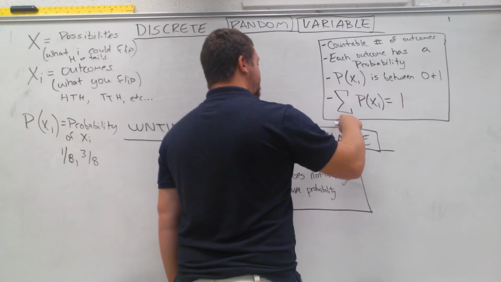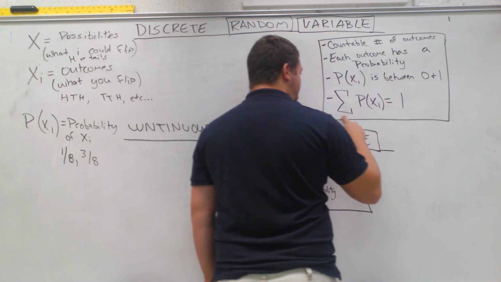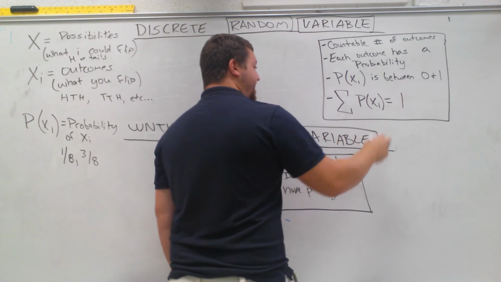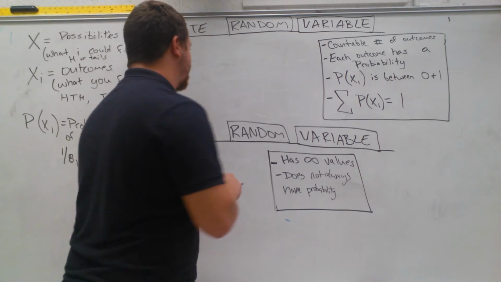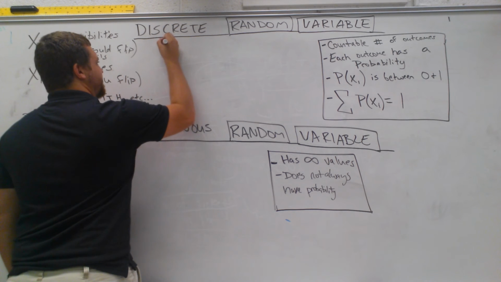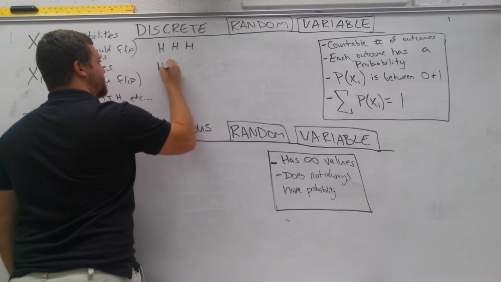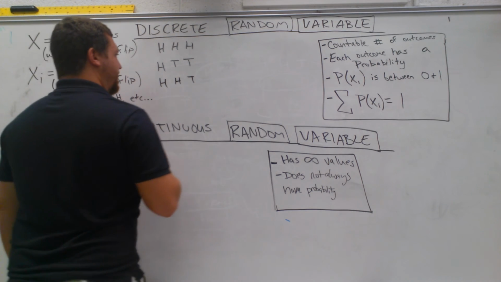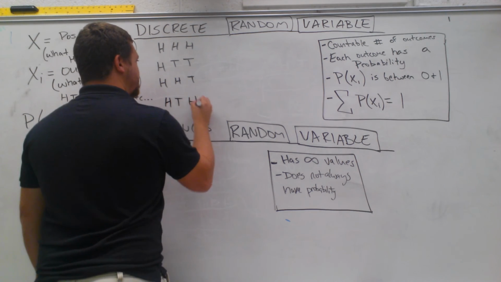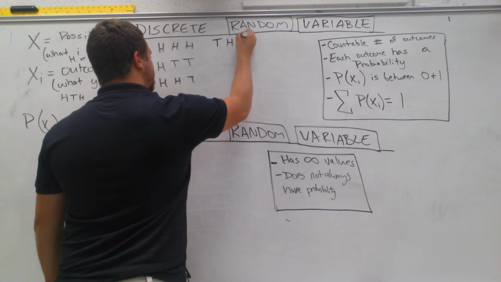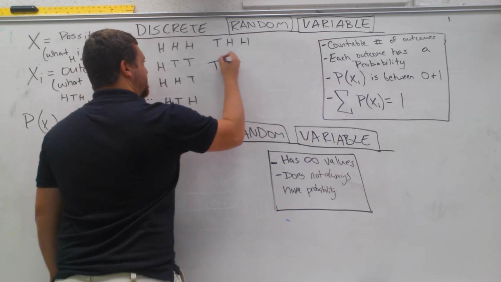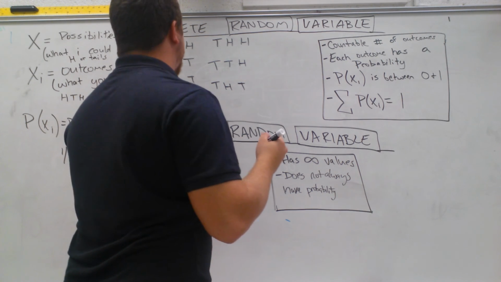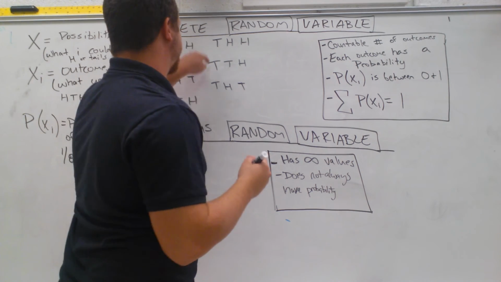What does this mean? The sum of the probability of my outcomes. So if I added up all the probable outcomes, remember I had all of these. Let's do them again. HHH, HHT, HTH, HTT, THH, THT, TTH, TTT. 1, 2, 3, 4, 5, 6, 7, 8.